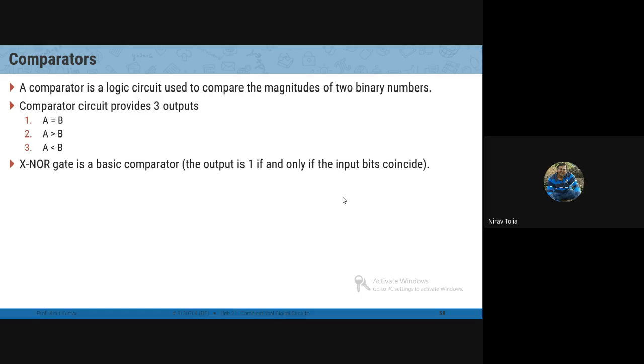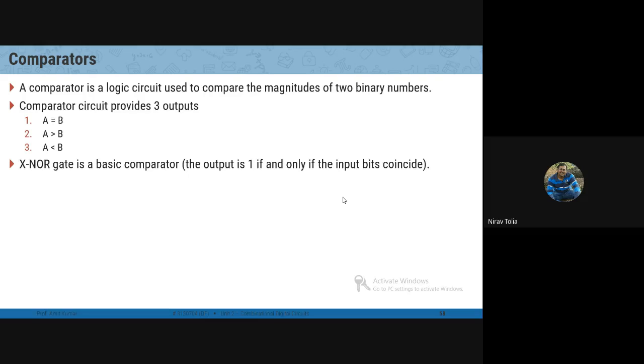So the output of an exclusive NOR gate is high when both the inputs are the same. For 0 0 it is 1, and for 1 1 it is also 1. But when the inputs are different, the output of the exclusive NOR gate is 0.